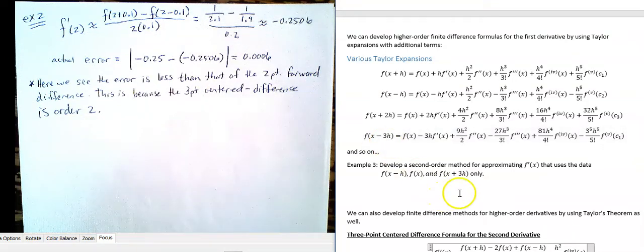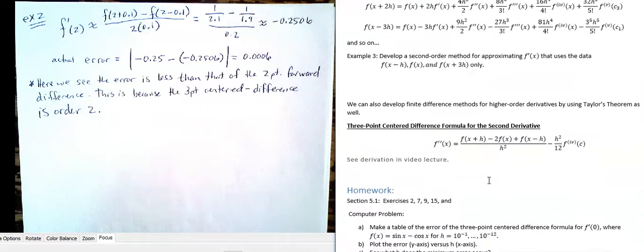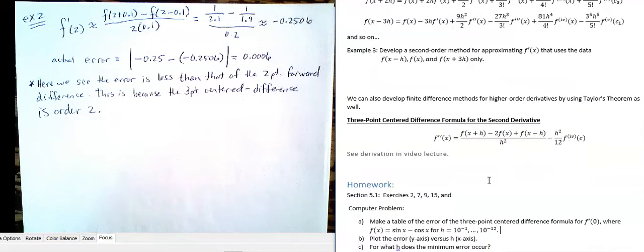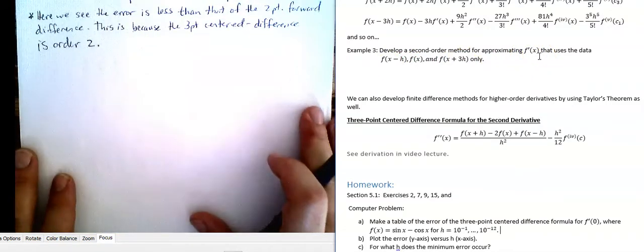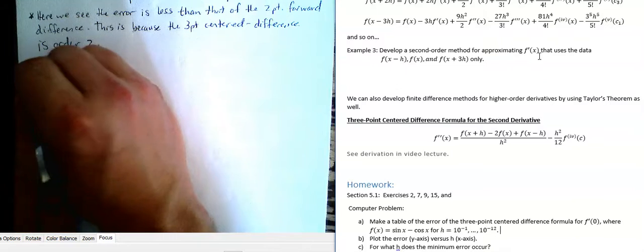So we want to develop a second order method for approximating f prime that uses the data f of x minus h, f of x, and f of x plus 3h only, all right? So we want to develop a method that has only these terms associated with the formula for f prime. So let's try that out.